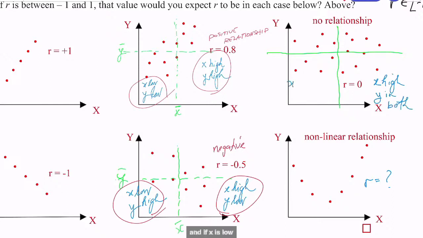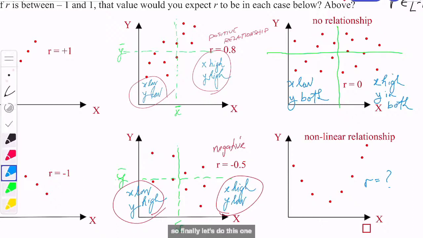And if x is low, y is in both, high and low. All right, there's 4 and 4. So that's what makes an R of 0. It's not a clear pattern. There's no relationship, no linear trend.